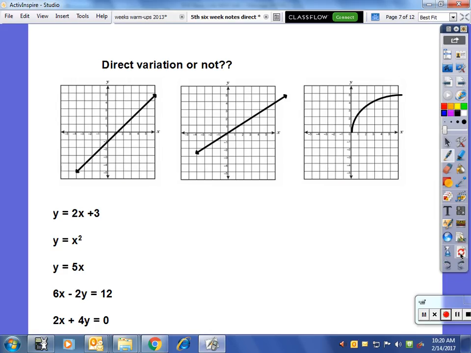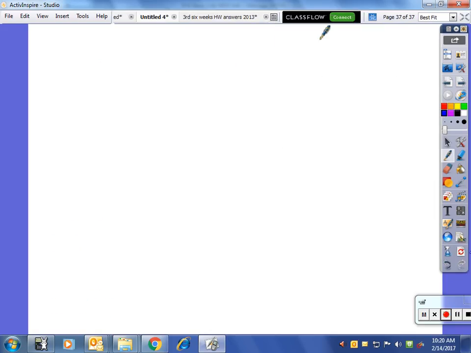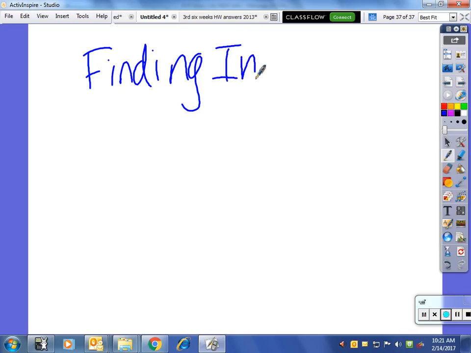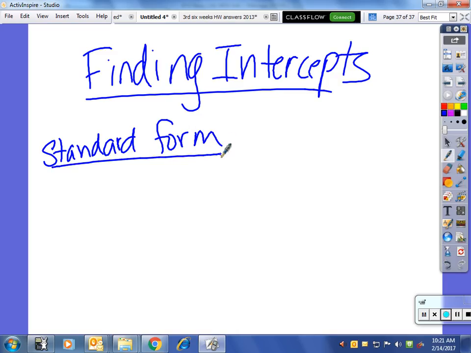Now, this next part is going to be super easy because it's basically just building on yesterday's lesson. Homework tonight is still finding intercepts. Yes, except this time the line I'm going to give you is in standard form. But guess what?